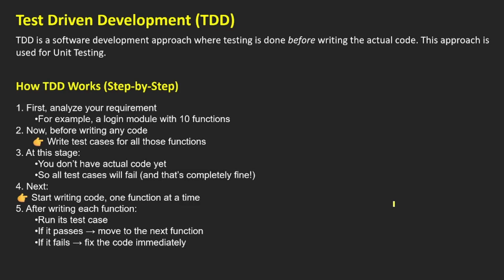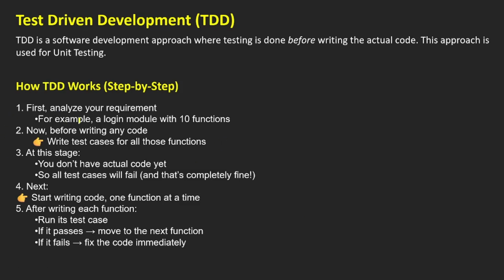TDD solves this problem by changing the way we write the code. In TDD style of development, we write the test cases first and then we write the code to pass those test cases. Let us understand step by step how TDD works.